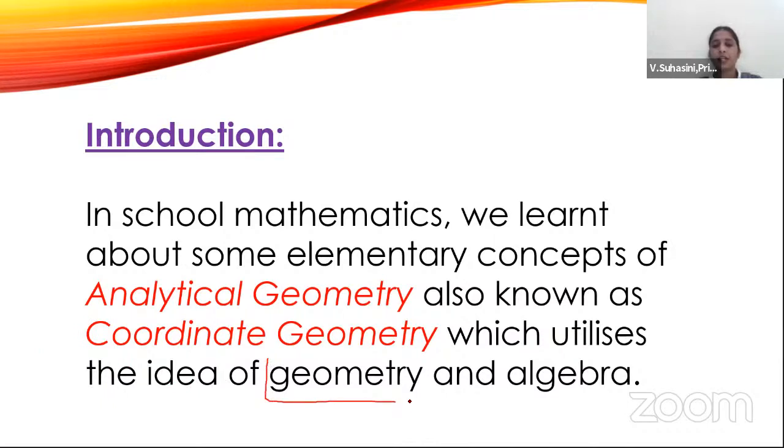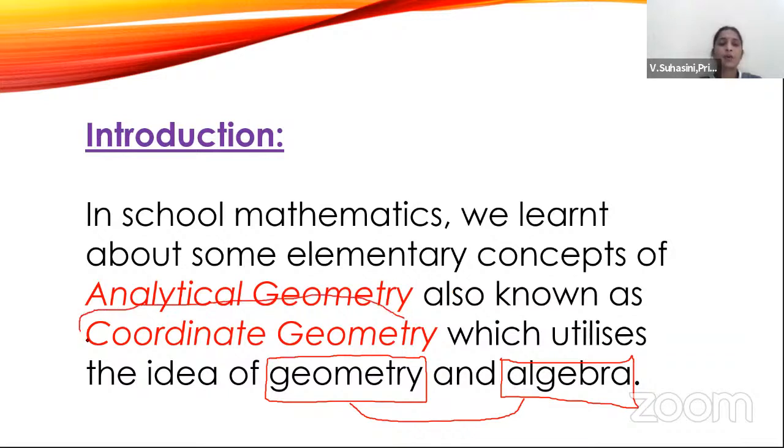In geometry, we do constructions and we read the property of many figures. And in algebra, we talk about the equations, expressions. Now, the combination of these two branches of mathematics is a beautiful topic, which is coordinate geometry.